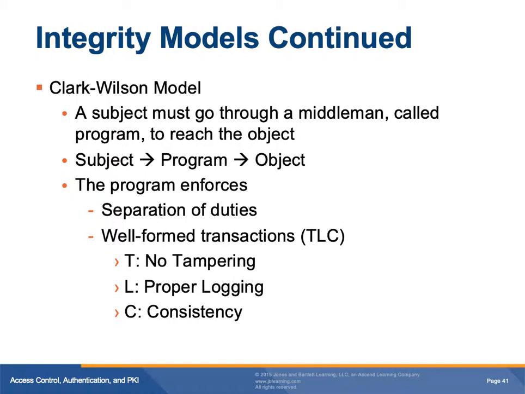That's the key with this particular integrity model. This program enforces a separation of duty. It's well-formed transactions, and the TLC means T, no tampering, L, proper logging, and C, consistency. That's the subject, program, object with the Clark-Wilson model.